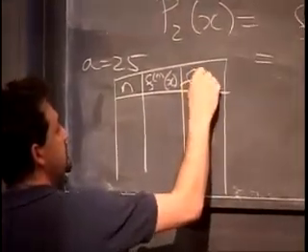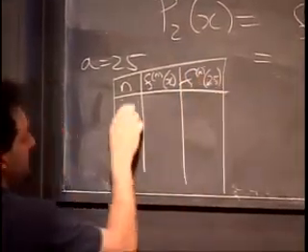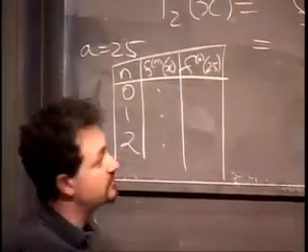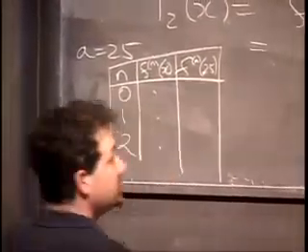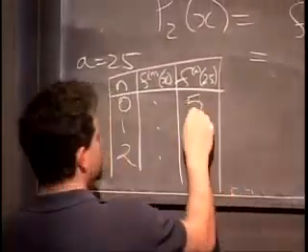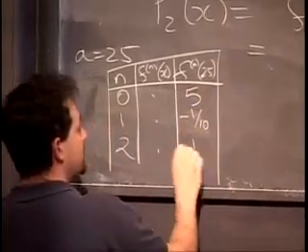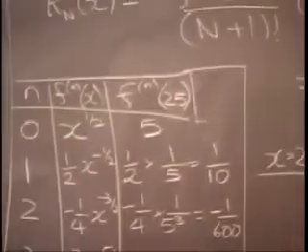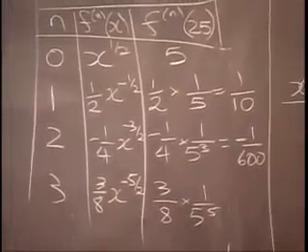This is just a rewrite from the other side. 0, 1, 2 is all I need. I don't care what those values are, but just copying from the other side, I got 5 minus a tenth and 1 over 600. Is that right? Is that what it says up there? No, plus a tenth minus 1 over 600. Okay, so anyway, I'm just going to copy these three values.